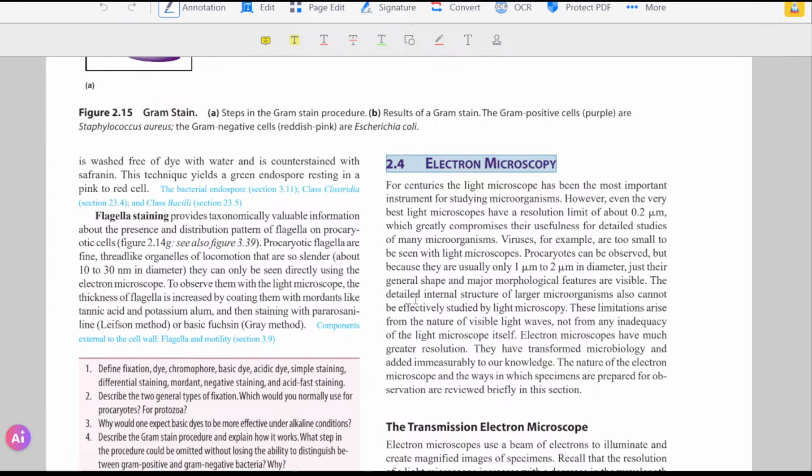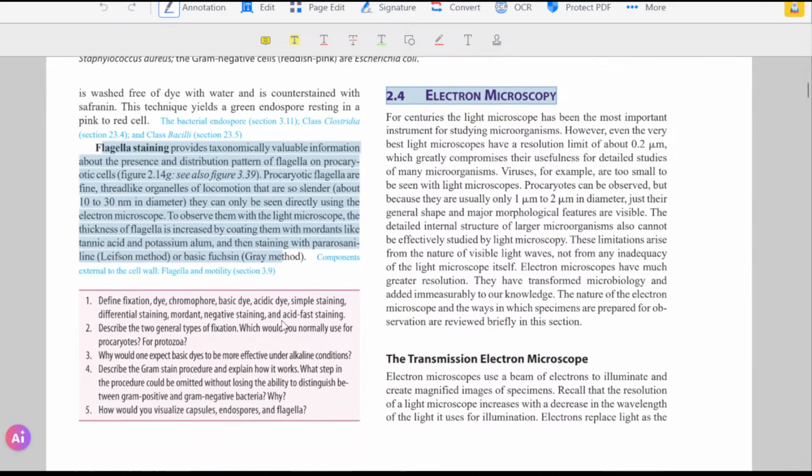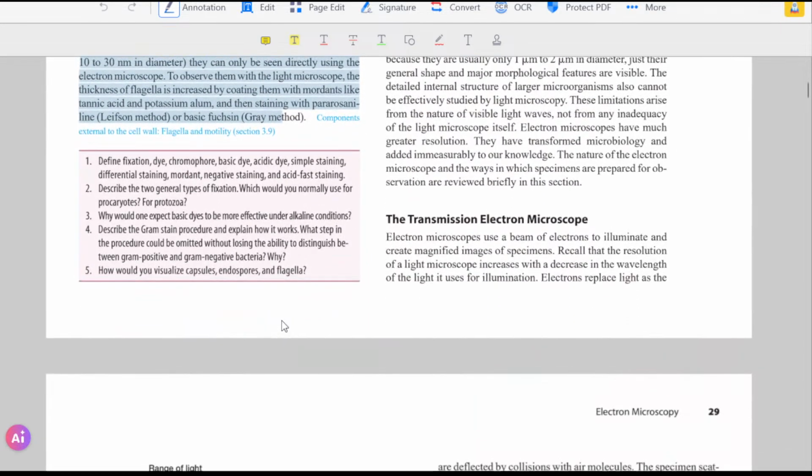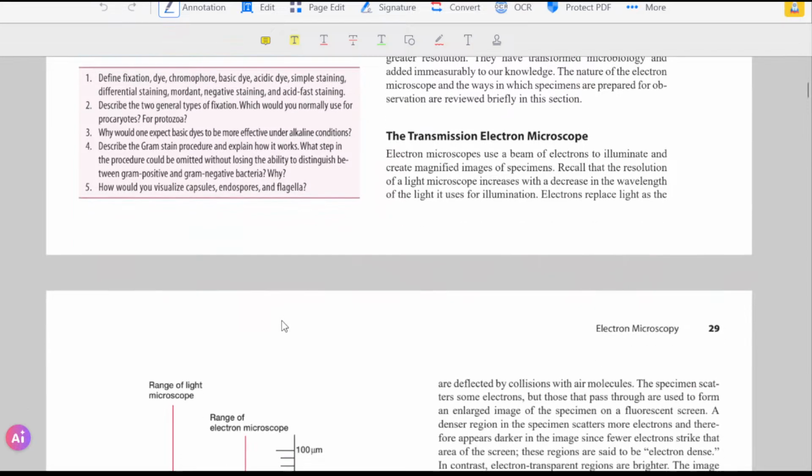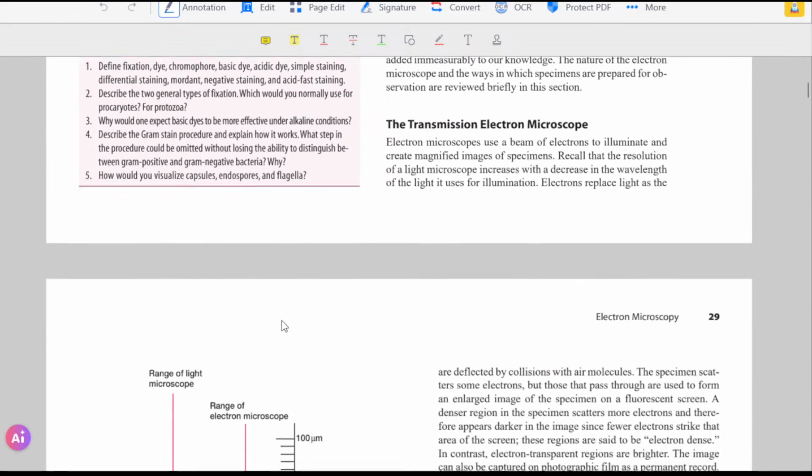If we know whose endospore this is, we know what type of bacteria infected here, or what kind of bacteria will grow out of this endospore. We do flagella staining as well, because bacteria usually have categories because of their flagella. Some bacteria have one flagellum, some have 2, 3, 4, some on the outer side, some covering their whole body, and so on.